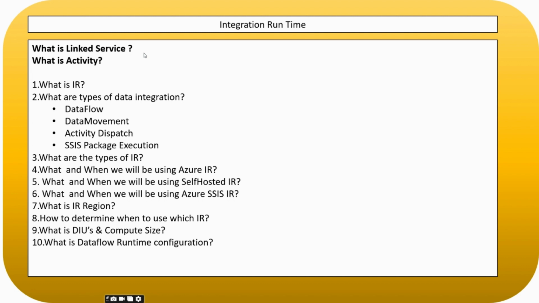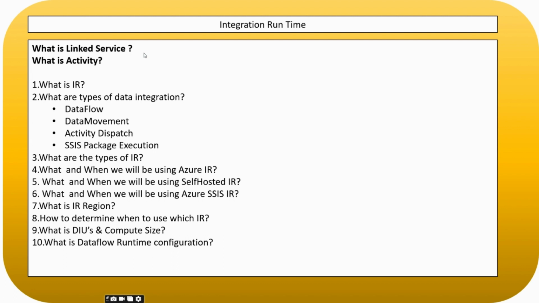In the same way, an activity is equivalent to a subtask. So a linked service is equivalent to a connection string, and an activity is equivalent to a task.